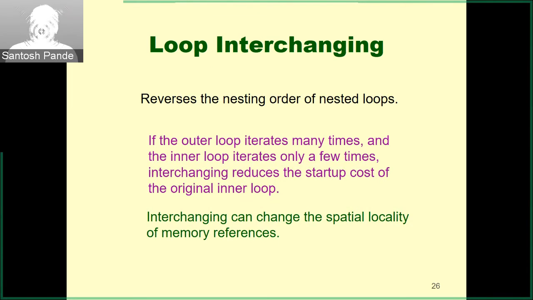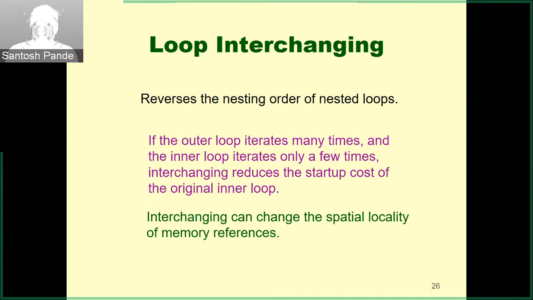and the outer loop is operating along a row, and the inner one is operating along a column. So what it means is we are operating in a row major manner, which is typically the case. So that's great. So then we have locality.